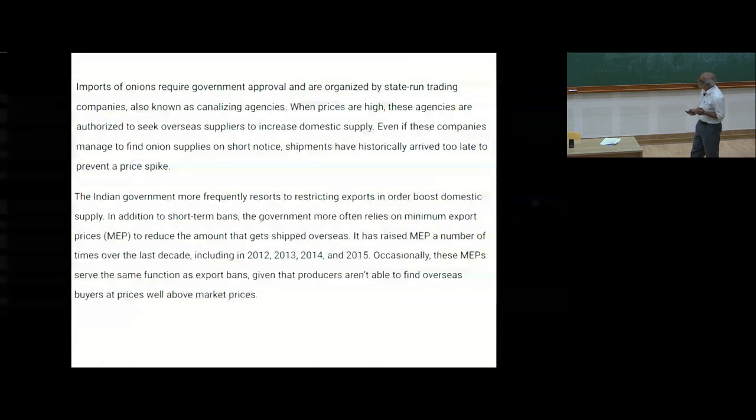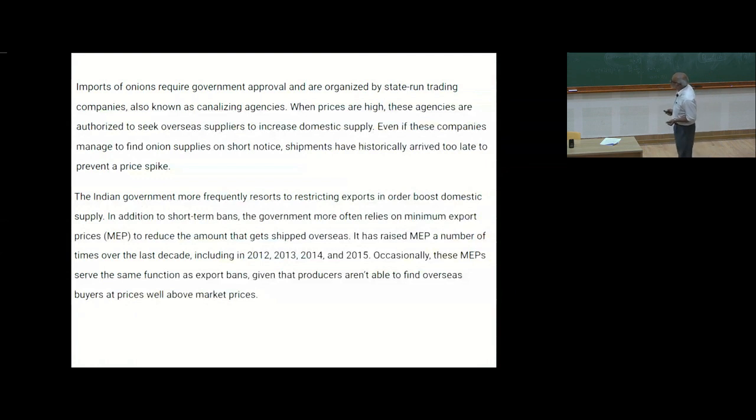Even if these companies manage to find supplies, shipments have historically arrived too late to prevent a price spike. The government frequently resorts to restricting exports in order to boost domestic supply. It has raised the minimum export price a number of times over the last decade, and there have occasionally been export bans.